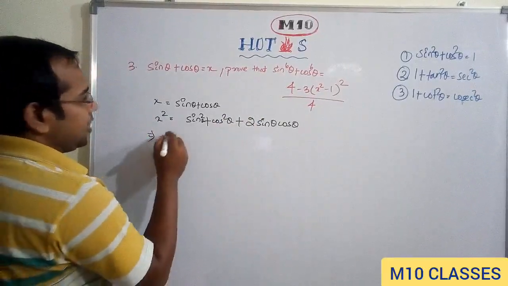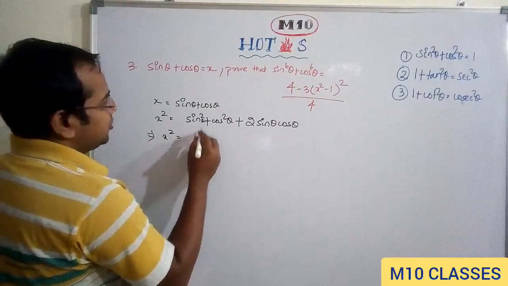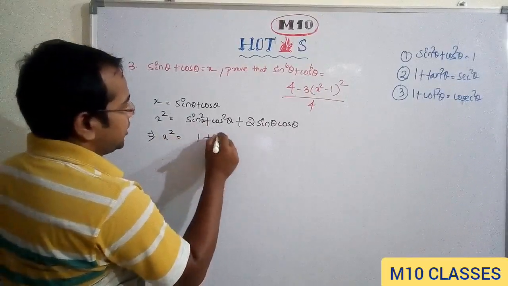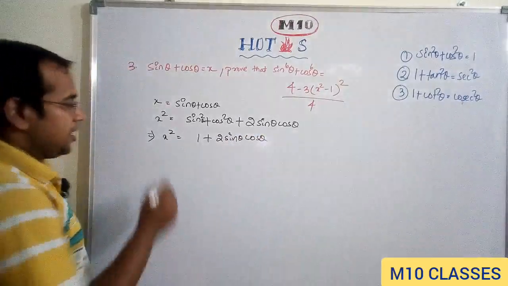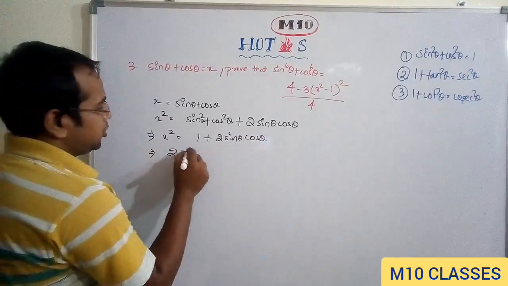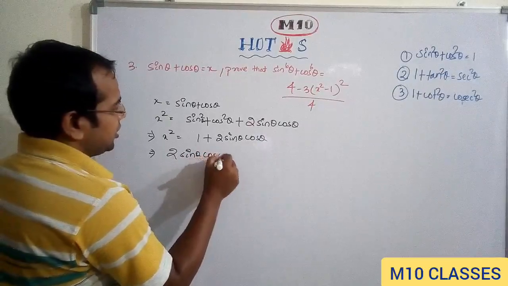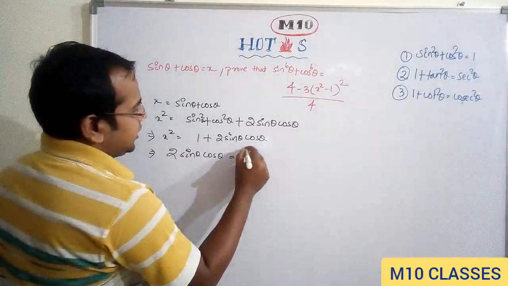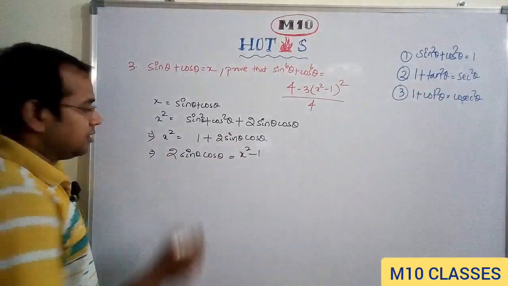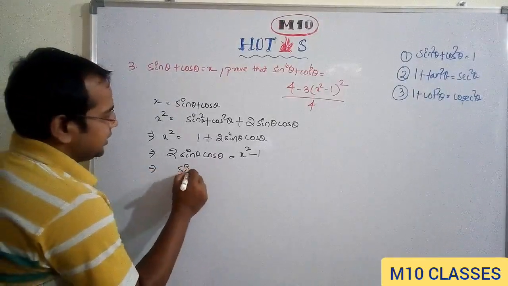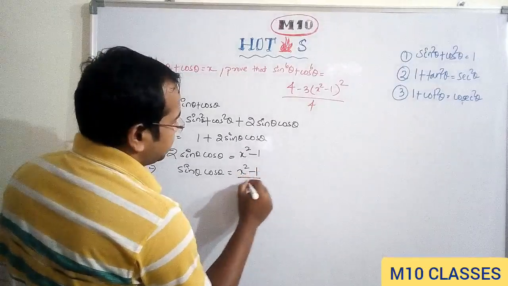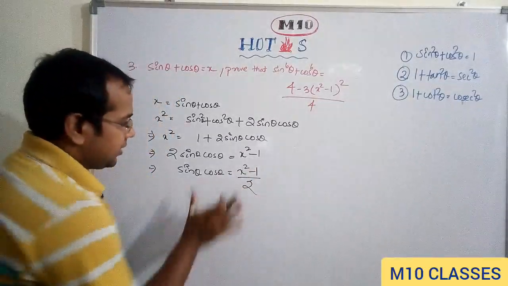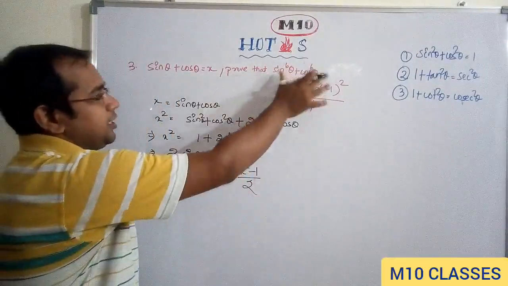X square equals 1 plus 2 sin theta into cos theta. So I can write 2 sin theta into cos theta equal to x square minus 1, and sin theta into cos theta is equal to x square minus 1 divided by 2. This is what you need to put in these values while solving this.